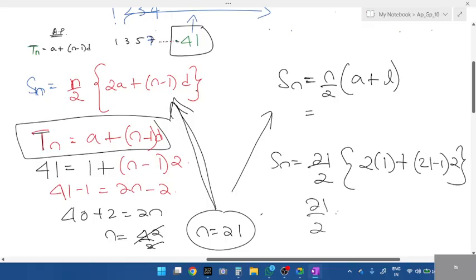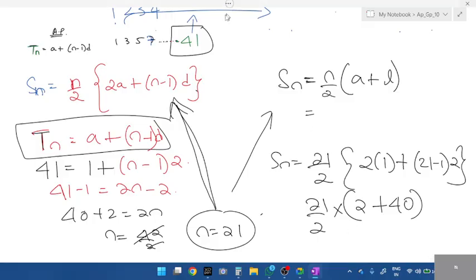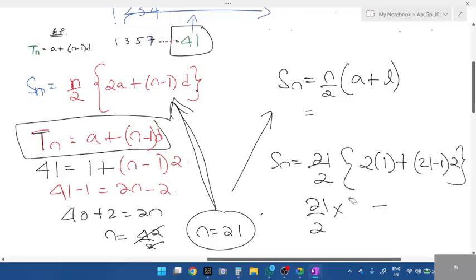So 21 divided by 2, 2 ones are 2, plus 20 into 2 is 40. 40 plus 2 is 42. We are getting 42 here. 2 ones are 2, so 21. What is 21 into 21?